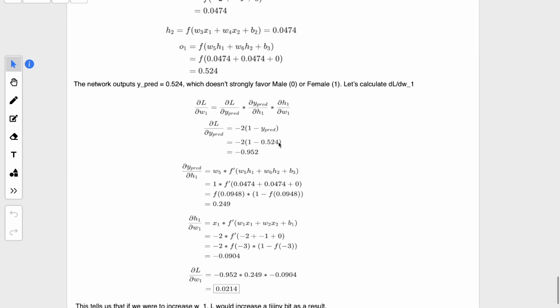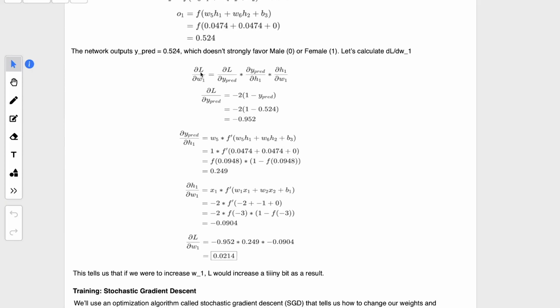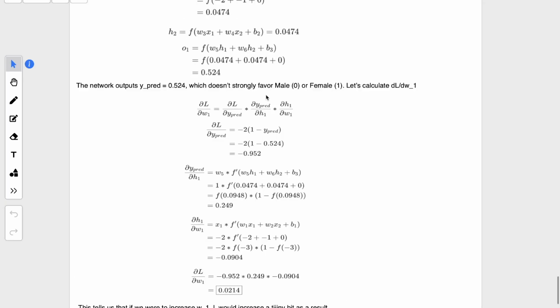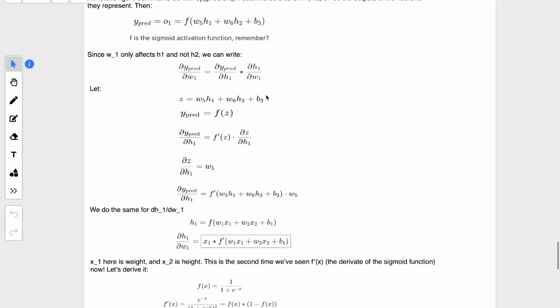Now we already know delta L by delta w1 is delta L by delta y-pred into delta y-pred by delta h1 into delta h1 by delta w1. We have the functions of all these three, right? We know delta L by delta y-pred is minus 2 into 1 minus y-pred, which we calculated just here.